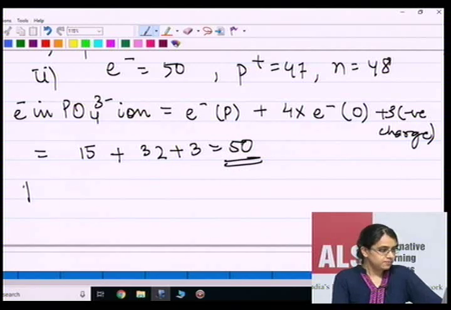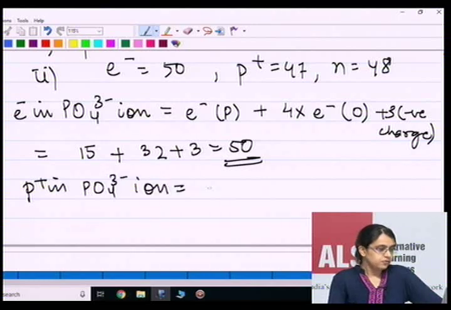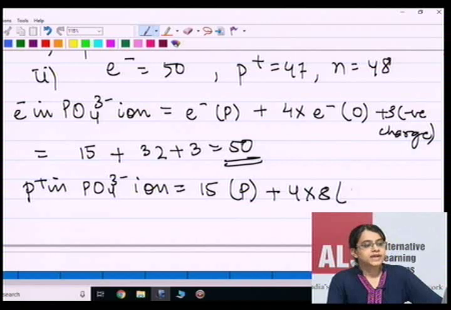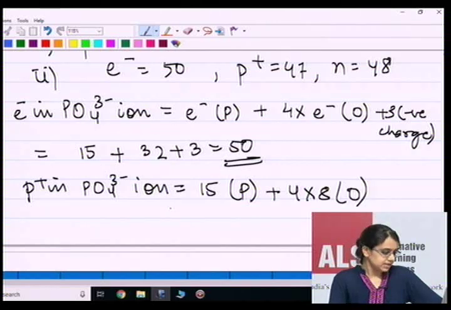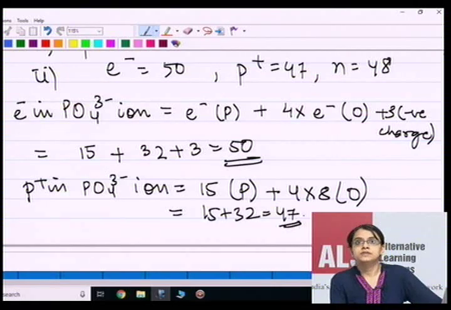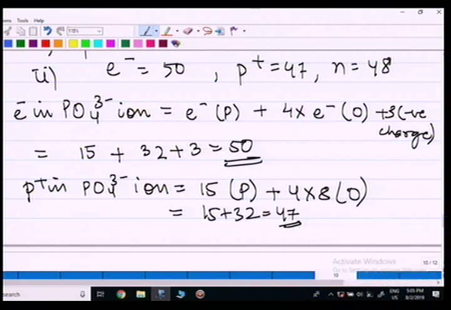Similarly, the number of protons in phosphate ion would be equal to 15 coming from phosphorus individually, plus 4 into 8 coming from oxygen, and this would be equal to 15 plus 32 equals to 47. Okay.